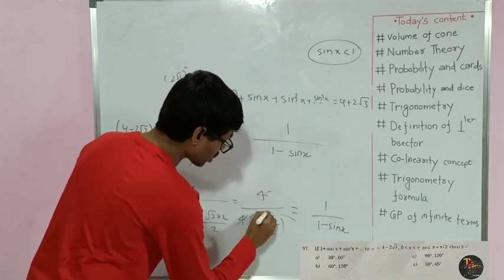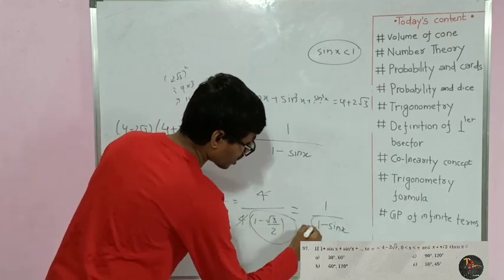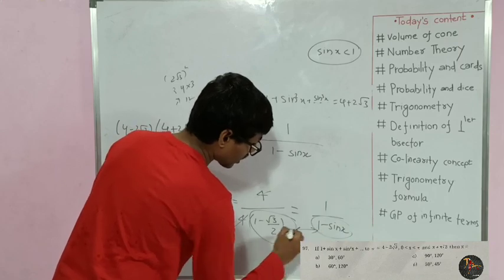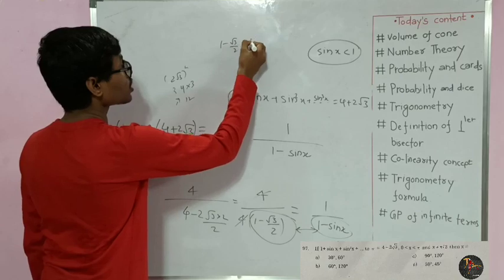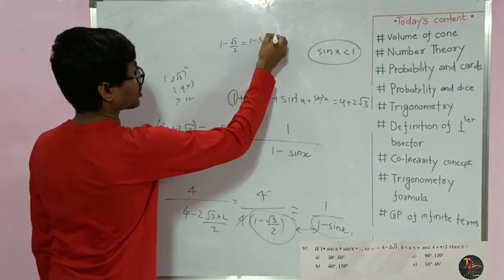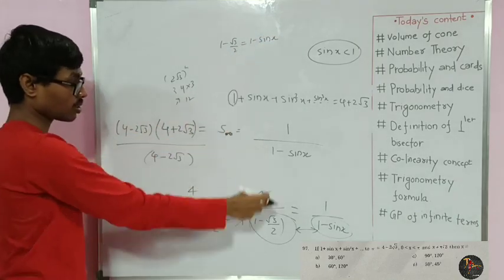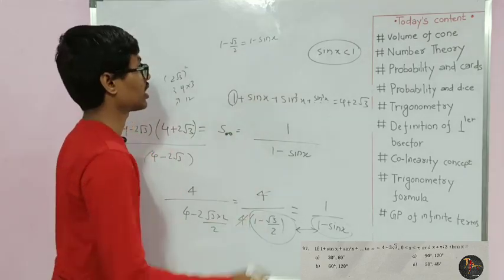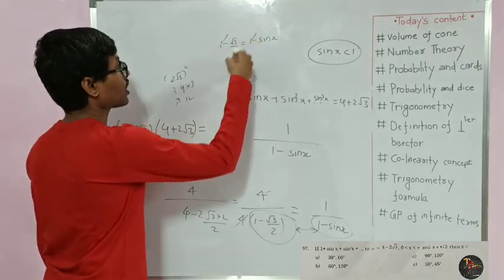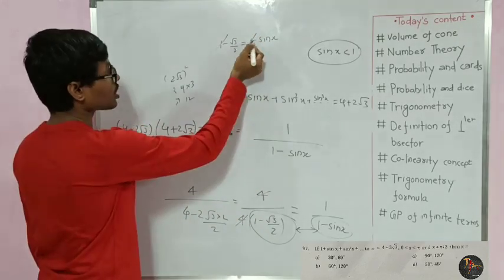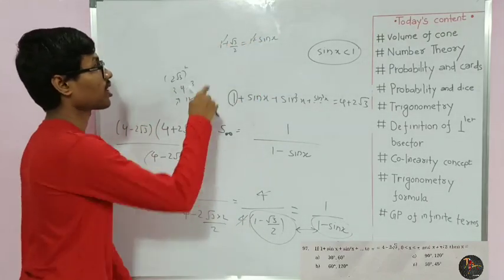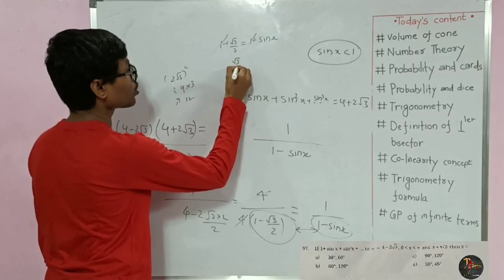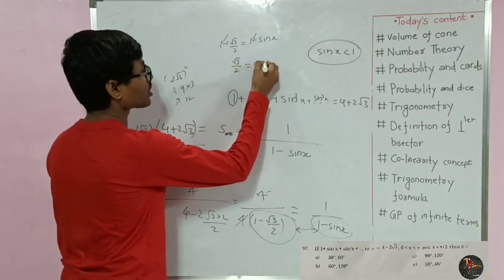If I compare these two values, I get 1 minus root 3 by 2 is equal to 1 minus sin x. If I cancel 1 and 1, I get minus root 3 by 2 is equal to minus sin x. I again made it plus. So root 3 by 2 is equal to sin x.